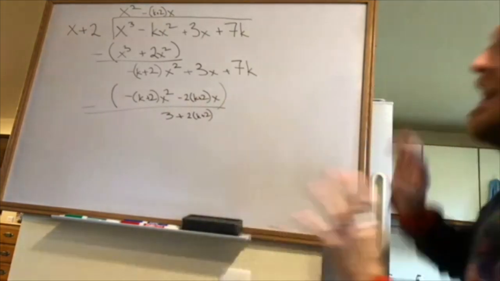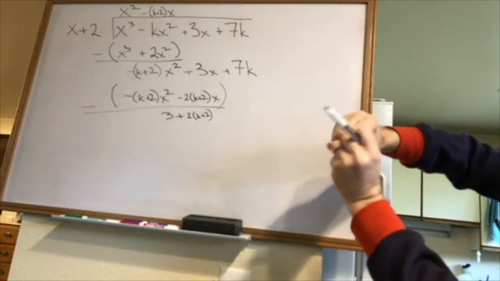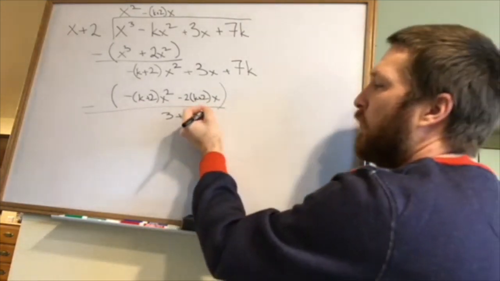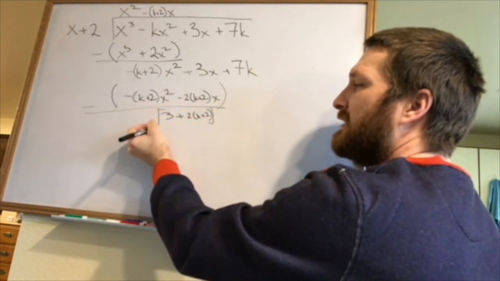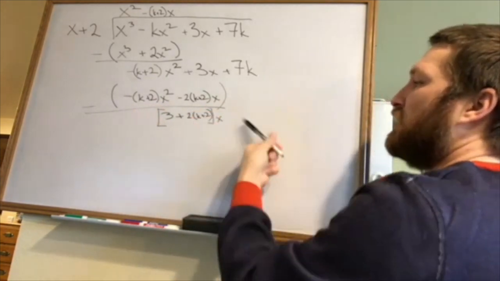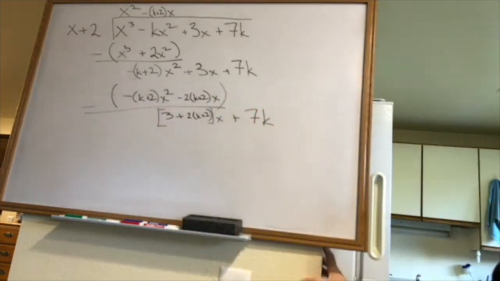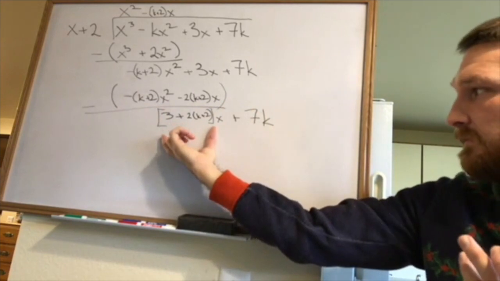Okay. So right now, that's the idea. I'm just going to add those coefficients together and say, well, that is what I would end up with. And in fact, I'm going to put a little bracket around it so that I don't mess that up any further. Just like that. Now I'm going to drop the 7k. Okay. So that's my coefficient, whatever it happens to be.